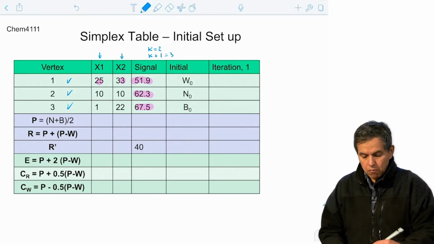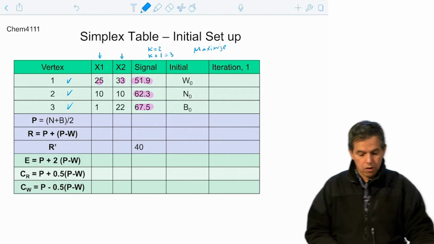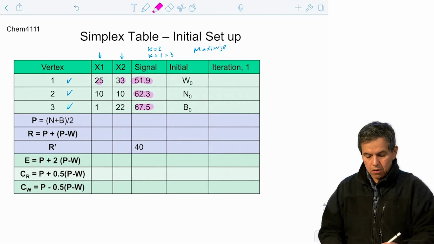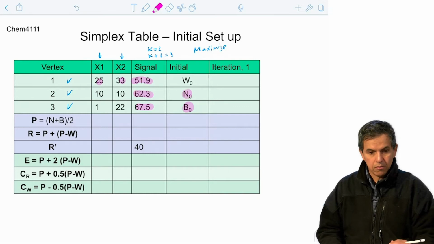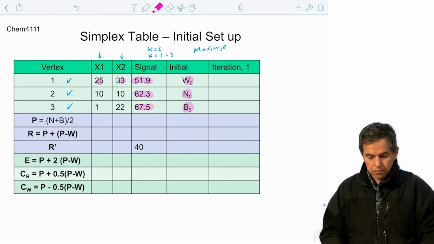We also want to maximize the absorbance. So we know that the best measurement is the one corresponding to vertex 3. The next to best is vertex 2. And the worst was vertex 1.